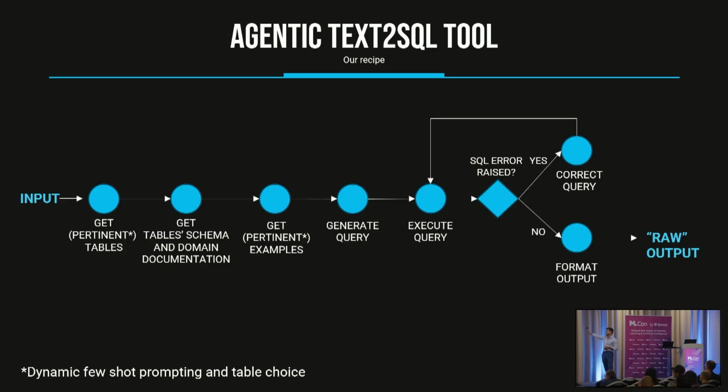As I said, the text to SQL tool is an agentic tool. It's an agent itself, specifically designed for one thing, text to SQL. And it's usually something like this. So from the input, we get the relevant tables.